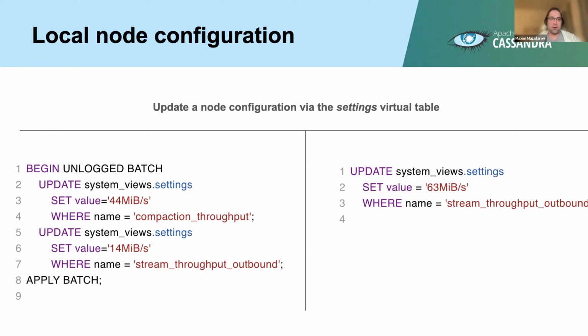For example, we have a subset of configuration parameters that are already available in JMX, so I assume we will do the same, but from the SQL side. We just run an update statement, set the value for the parameter in the same format as they are represented in the YAML configuration file, and be happy.